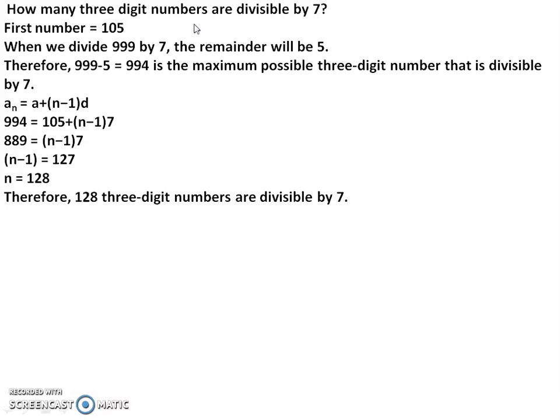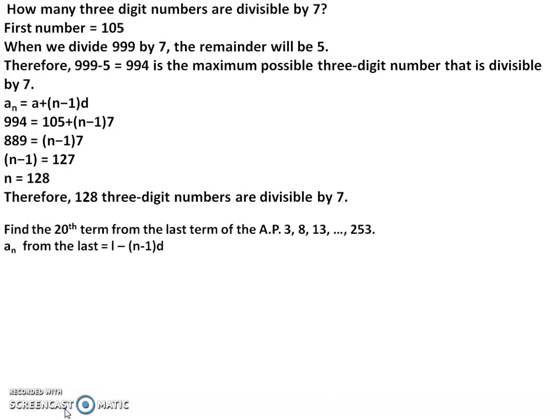Which is the largest 3-digit number divisible by 5? Just divide 999 by 5. The remainder you will subtract from 999. Okay, that is the common method used here. Now you have the nth term, first term, common difference. Solve for n.